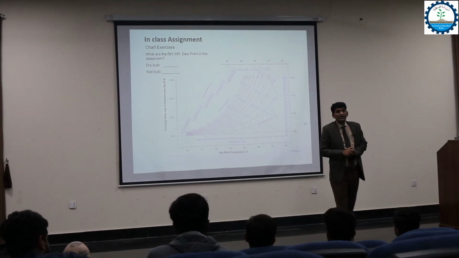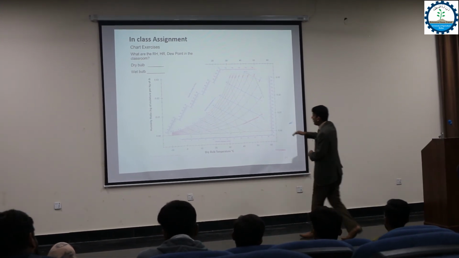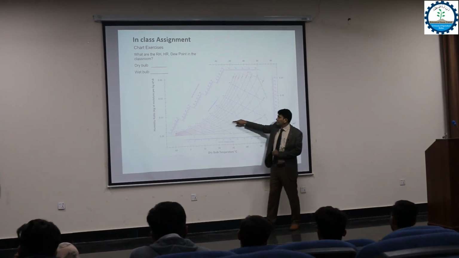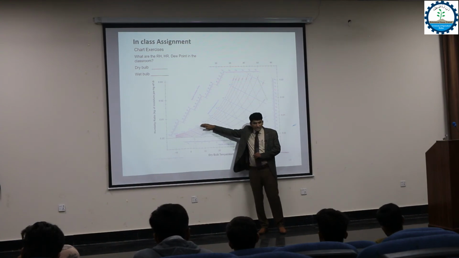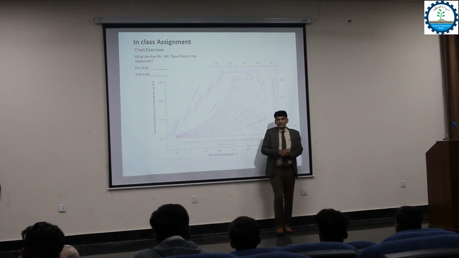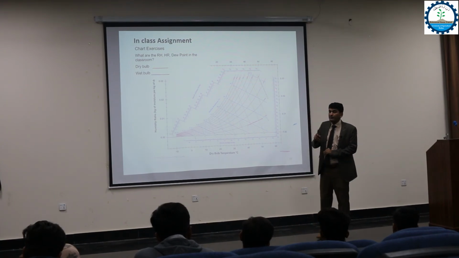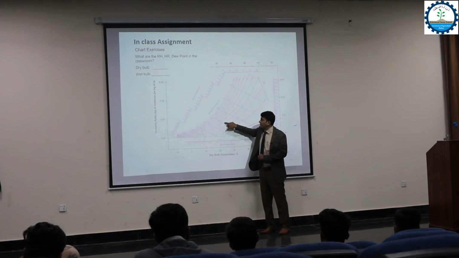Can you tell me? The saturation curve. So horizontally or diagonally? Horizontally. If we follow the point horizontally to the saturation curve, that will give us the dew point temperature. And for wet bulb, we have to follow these diagonal lines from that specific point.